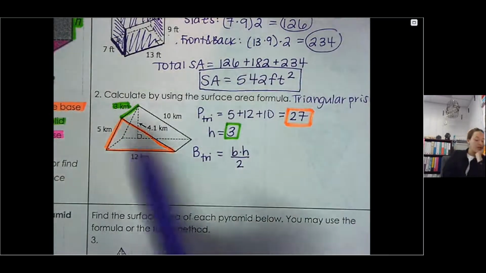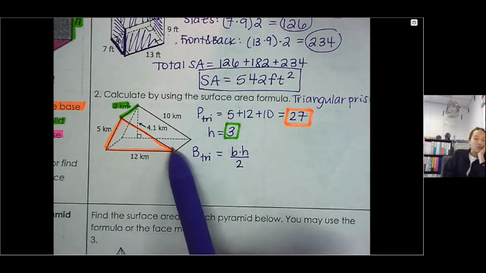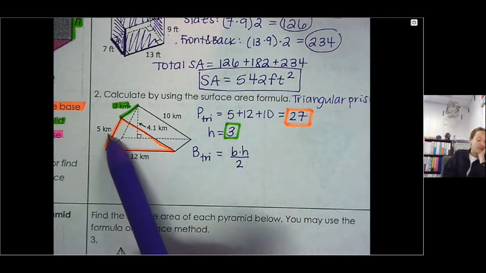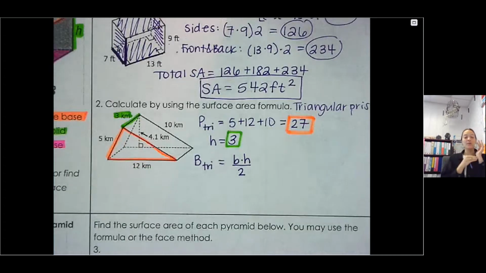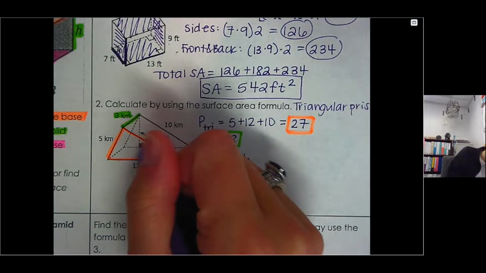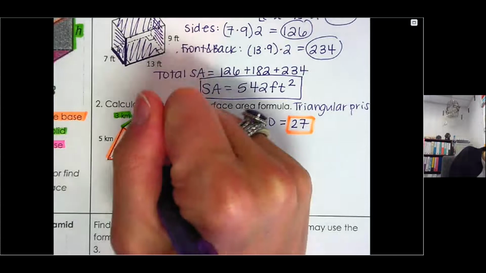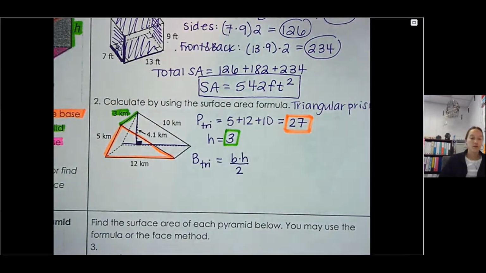Now, if you're looking at this triangle here, do not fall for the trick. Do not put 5 as the height. 5 is not the height of this triangle. If you're looking for base and height, you always want to look for the 90-degree symbol. The two sides that make up the 90 will be your base and your height. So here's my 90-degree angle right here, which means these two sides are the base and height of my triangle.